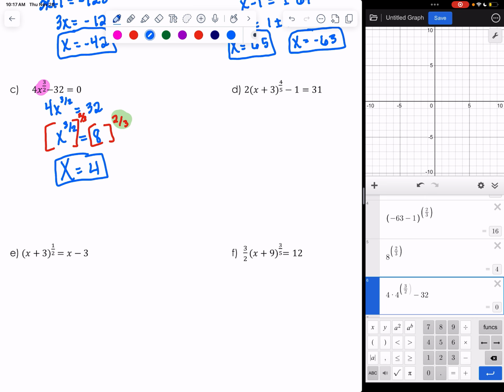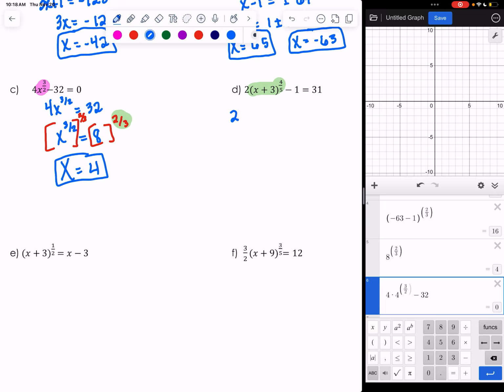All right, in problem D, we have 2 times the quantity x plus 3 raised to the 4/5 power, minus 1, is equal to 31. So let's talk about what we're trying to isolate here. The expression with the rational exponent is right here. I want to get that by itself. So I'm going to have to add the 1 and then divide by 2. So 31 plus 1 will give us 32.